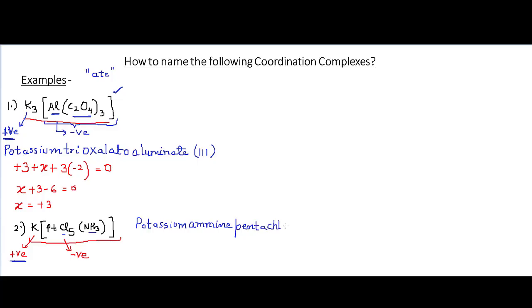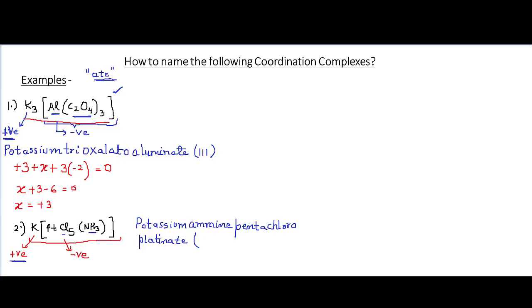Then the name of the central metal ion: since it is platinum in the negative coordination sphere, it will end in ate, so platinum becomes platinate. So pentachloroplatinate. And lastly, the oxidation state of platinum.